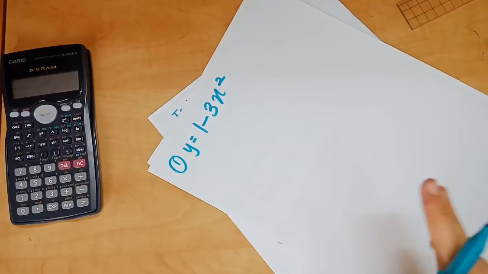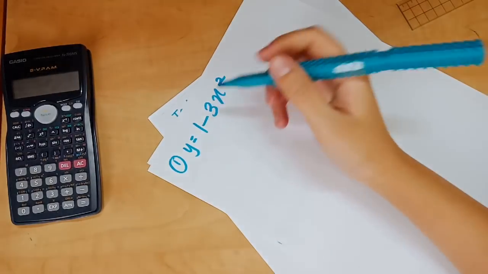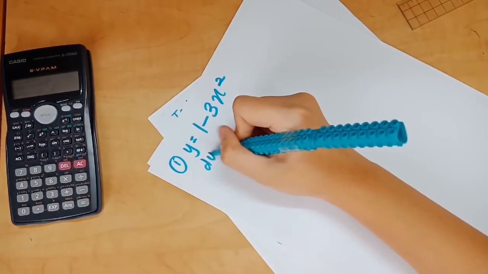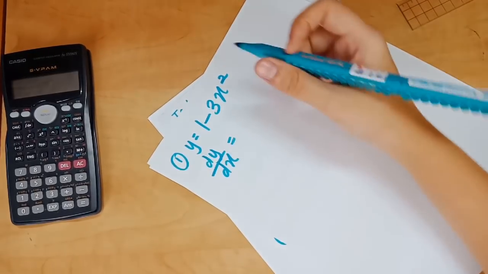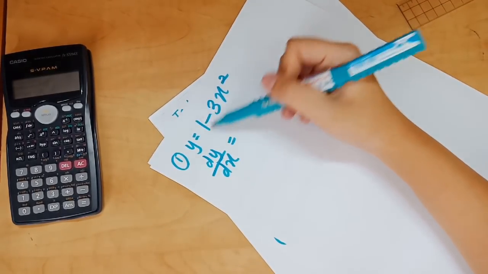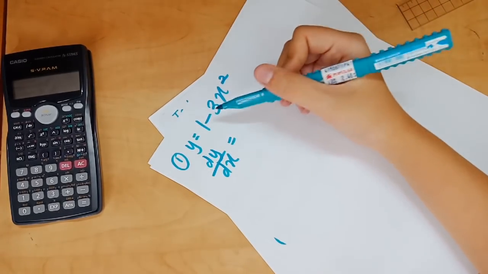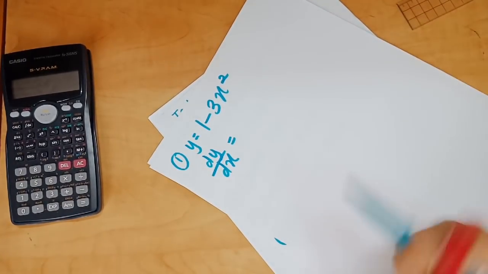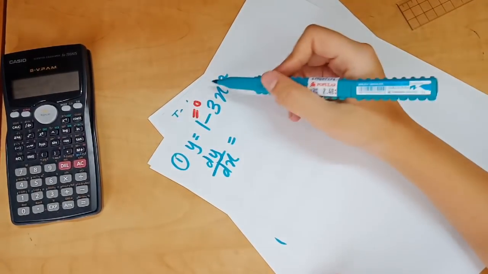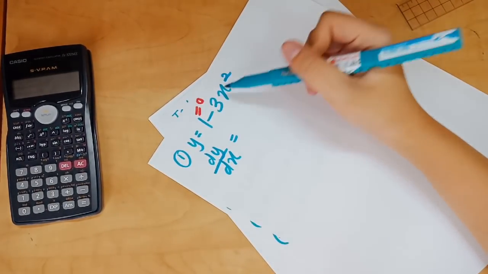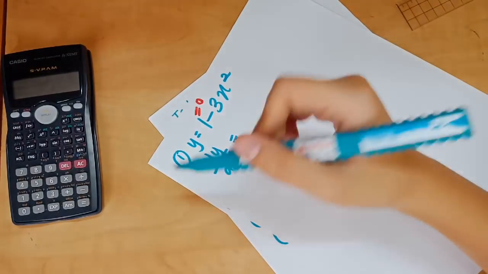So if you're asked to differentiate this, then you have dy dx equals to, when you differentiate a number, it will go to 0. So you can just ignore this because it will become 0. And this has an unknown x, so it will not become 0.